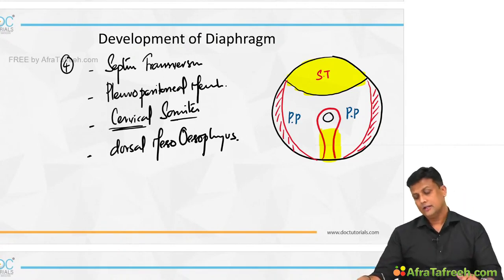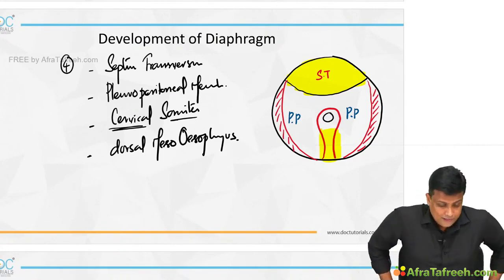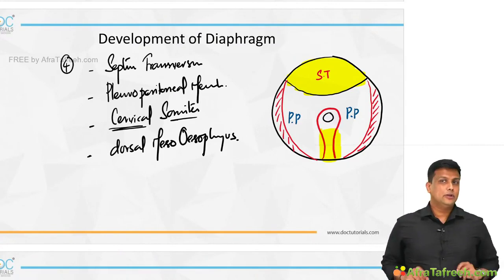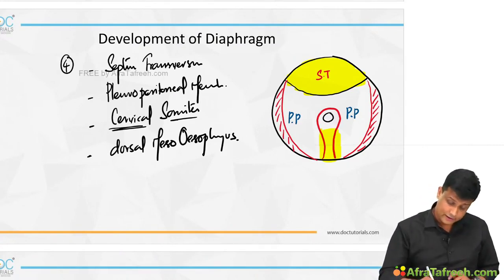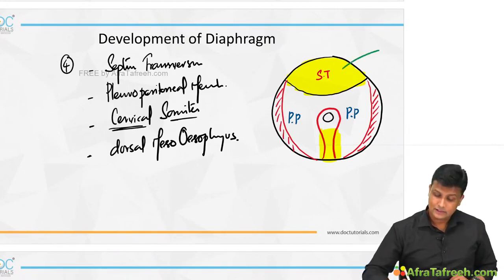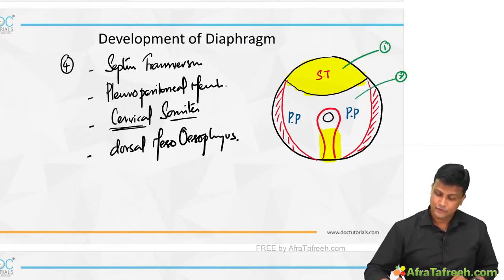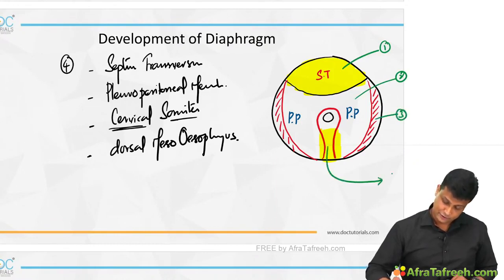Okay, fine. Why I'm asking you to draw the diagram: in your AIIMS exam, it was given something like this. Let me take another color here. For example, septum transversum number 1, pleuroperitoneal membrane number 2, cervical somites or myotome number 3, and dorsal mesoesophagus number 4.